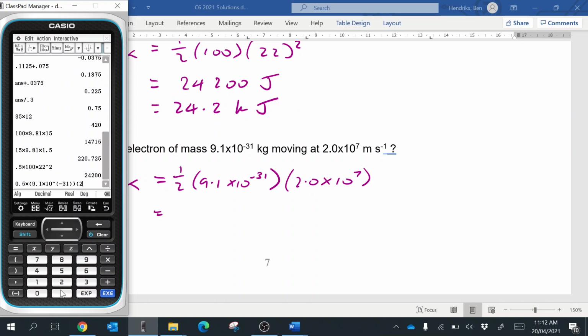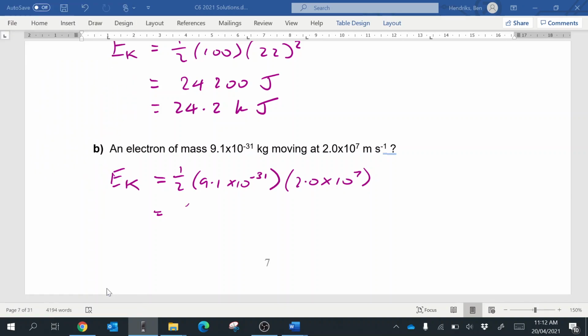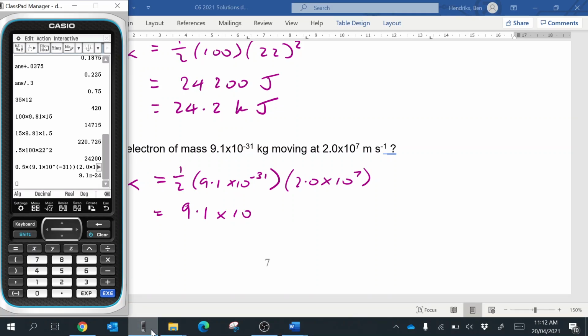Now we need 2.0 times 10 to the power of 7, just the single brackets this time. So we get 9.1 times 10, which makes sense. This might be the first time you've seen this little e in your calculator, that means times 10 to the negative 24.